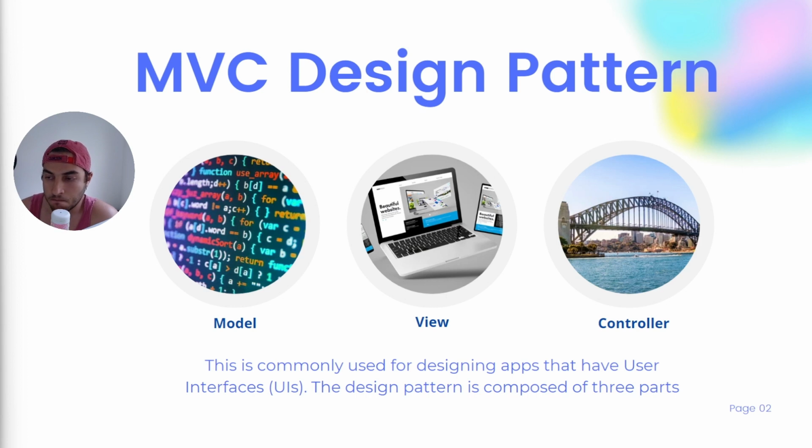But basically, this design pattern is composed of three main parts. We have the model, which can be seen as the global state of the application. This is usually stored in a database, which is accessed by a service and not directly by handlers. So we're going to be explaining what a handler is, what a service is.